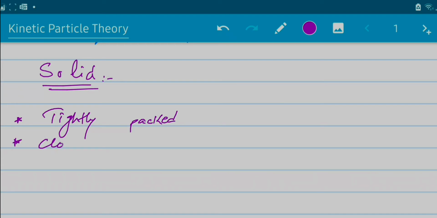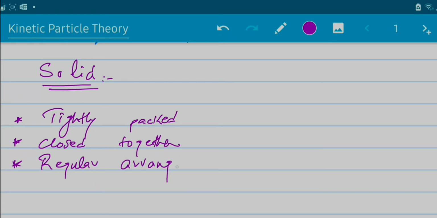Second is close together. Third is they have regular arrangement due to their closeness. Being close together, they have a regular arrangement among them.